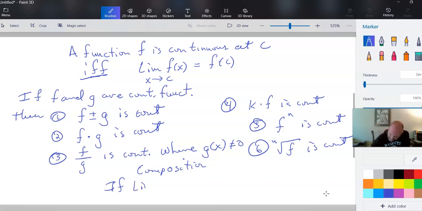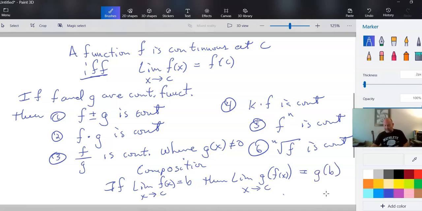If the limit of f of x as x approaches c is equal to b, and g is continuous, what ends up happening is that the limit of g of f of x under the composition as x approaches c is equal to g of b, right?